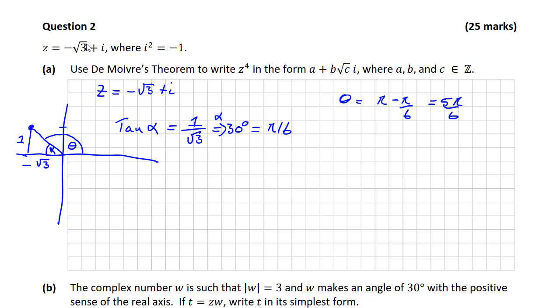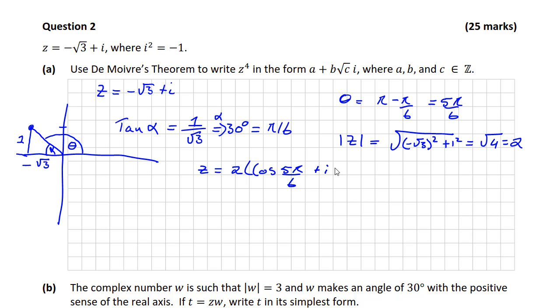And the reason we are doing this, of course, is to write this complex number in terms of sine and cosine. So the final thing we need is the modulus of z, and that is equal to the square root of negative root 3 squared plus 1 squared. That is equal to the square root of 4, which is equal to 2. So we can say now that z is equal to 2 times the cosine of 5 pi over 6 plus i sine 5 pi over 6.